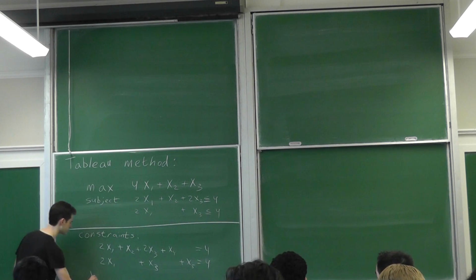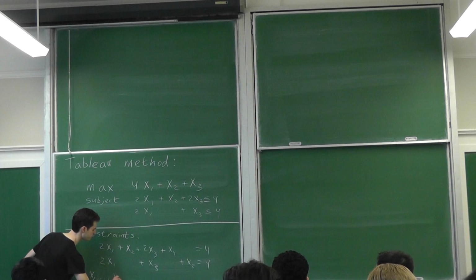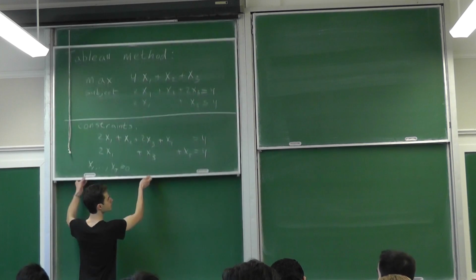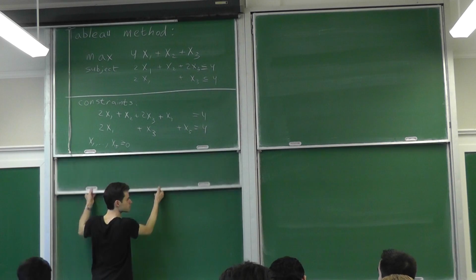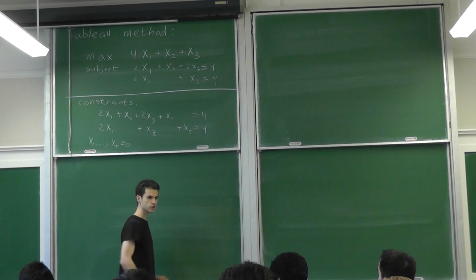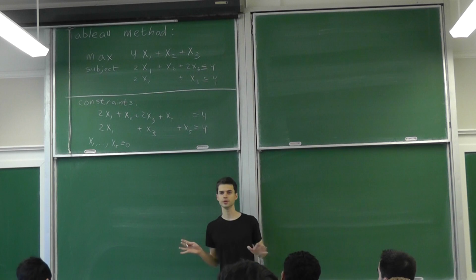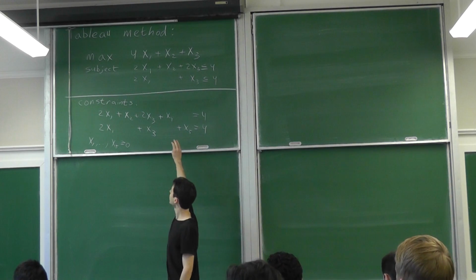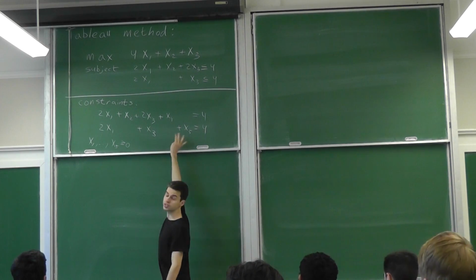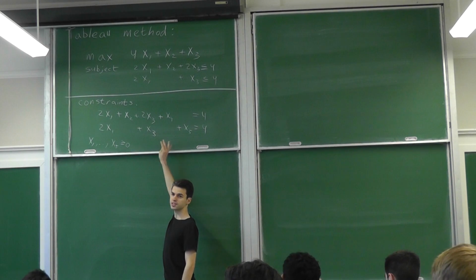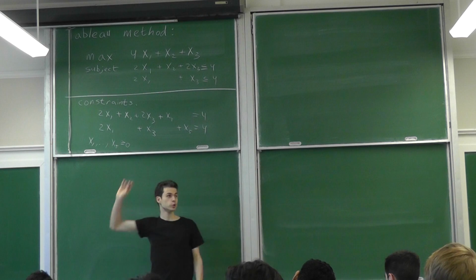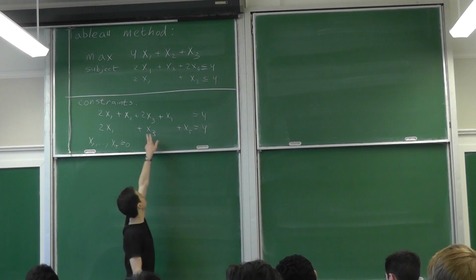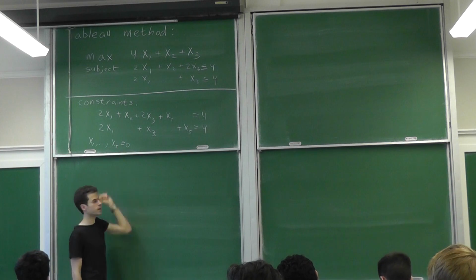And what I want is just x1 to x5 to be nonnegative. For now I did more or less nothing. I just introduced the slack variables. It's exactly what we do usually. x4 is the difference between 4 and this expression.